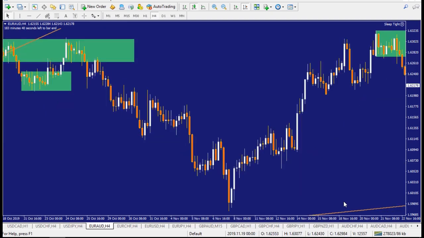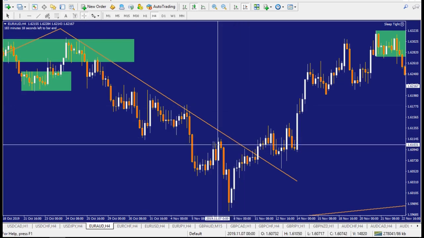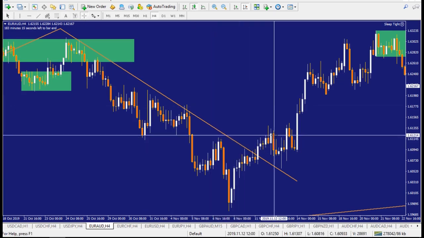I'm just going to put my trend line here. Where is the last seller zone? The last seller zone is this area. Did we break it or not yet? Let me have a look. This is the top of the zone, isn't it? What about this candle? Yes, it broke it.